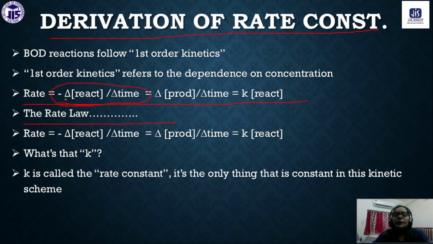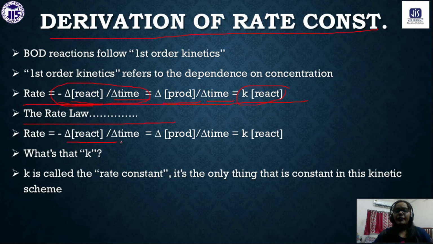First, look here: the delta reactant concentration divided by delta time, that is, delta product concentration by delta time, equals K. So the change of reactant concentration with respect to time, or the change of product concentration with respect to time, or the formation of product per unit time, is proportional to the reactant concentration. Okay, so this is the rate law.